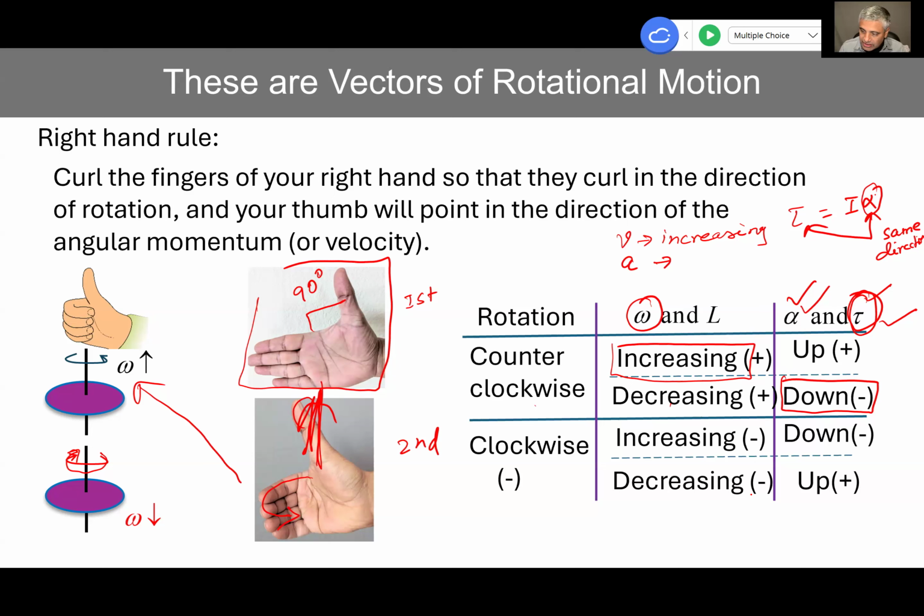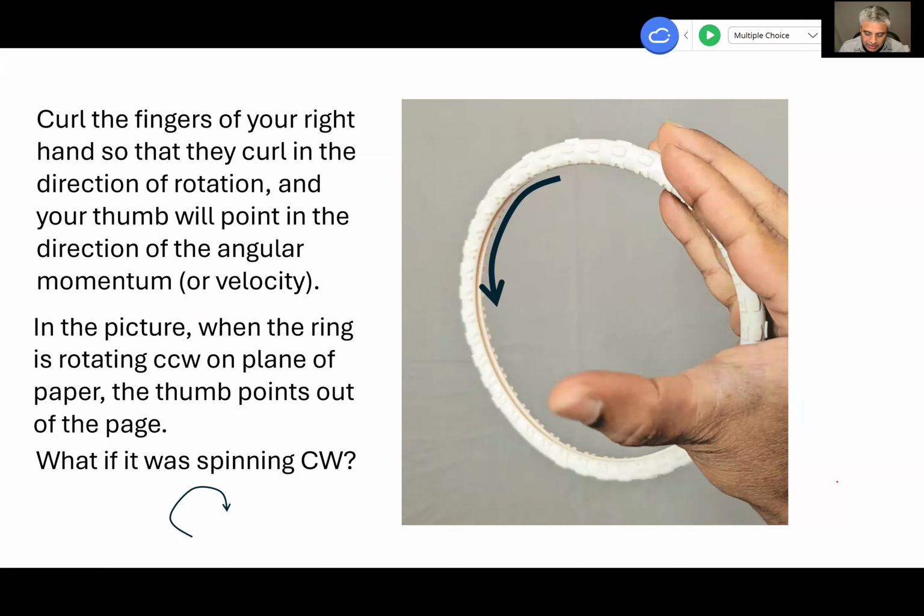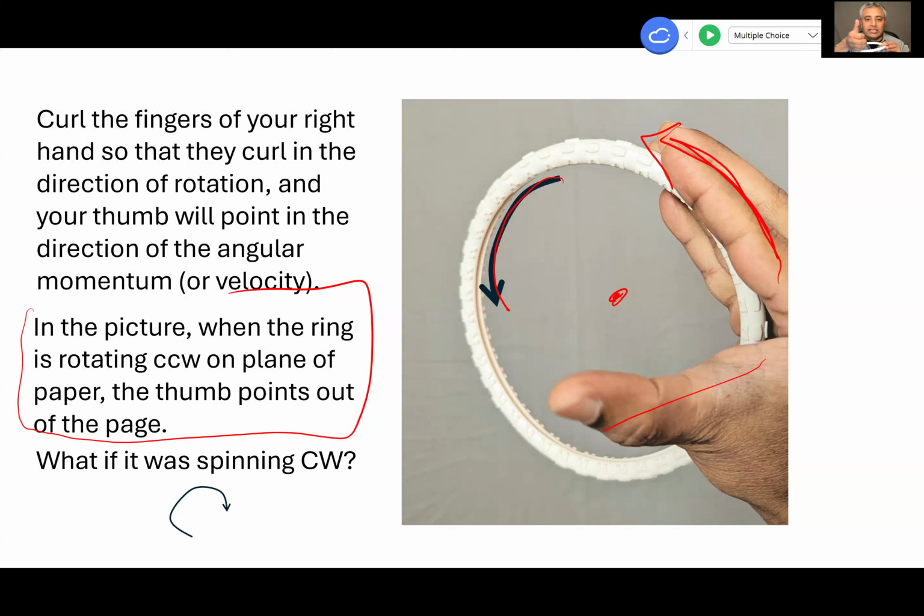And to emphasize that, I have added this one here as well. It's the same thing, right? So it is going that way. So that's why my fingers are in that direction. So the thumb is pointing that way, meaning it's coming out. Okay, so that's what I'm writing here. So if it is on the plane of the paper, up means it's coming out of the plane.